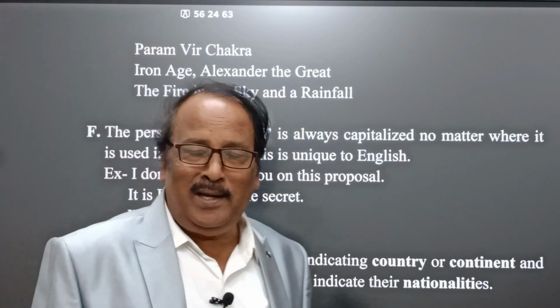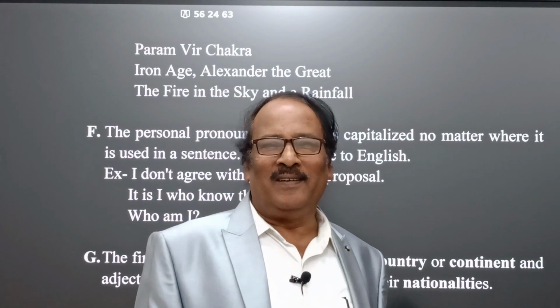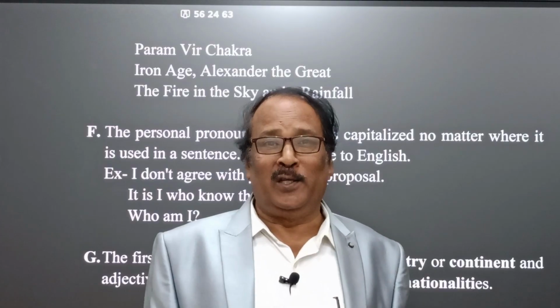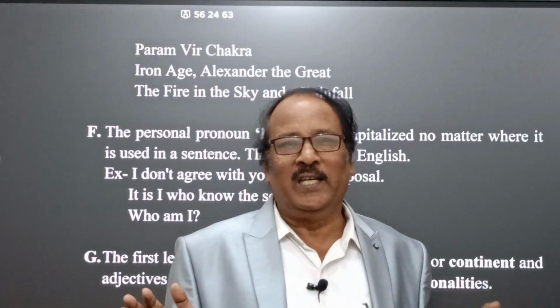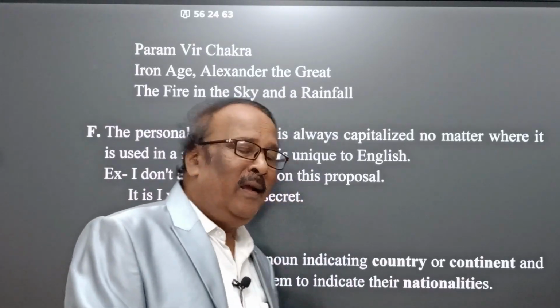This is a very interesting question, and this is philosophical in the sense that if we introspect on our identity, then definitely this is a very interesting factor. This is what we call introspection, atma samikshya. Therefore, the personal pronoun I, wherever it is used in a sentence, must be capital. Okay, thank you.